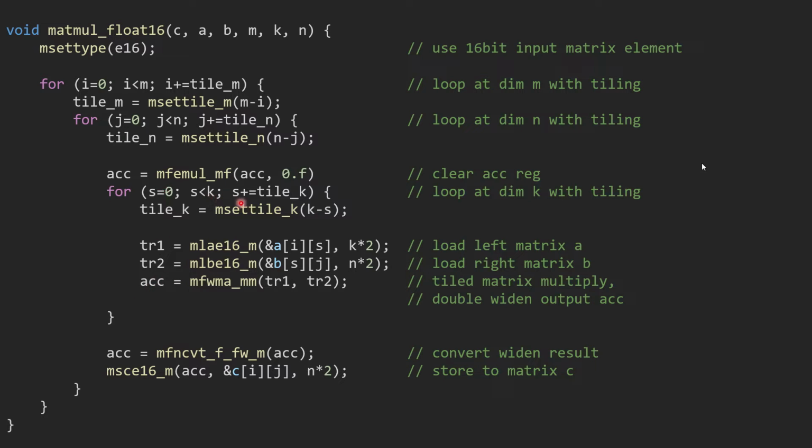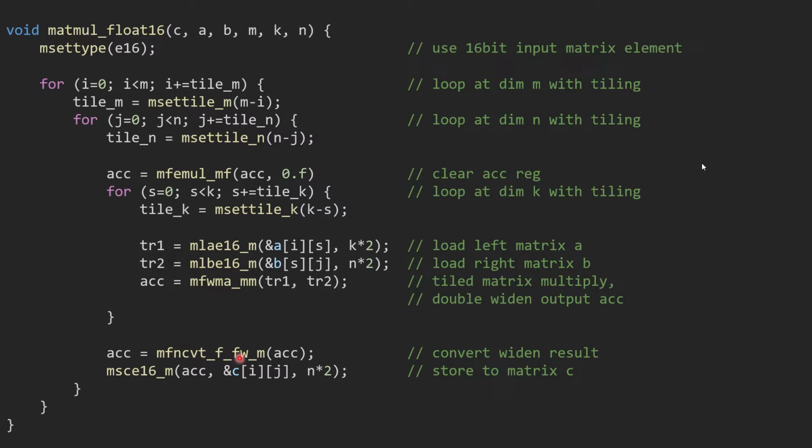So after the iterations in the K loop, we get the final accumulated tile.